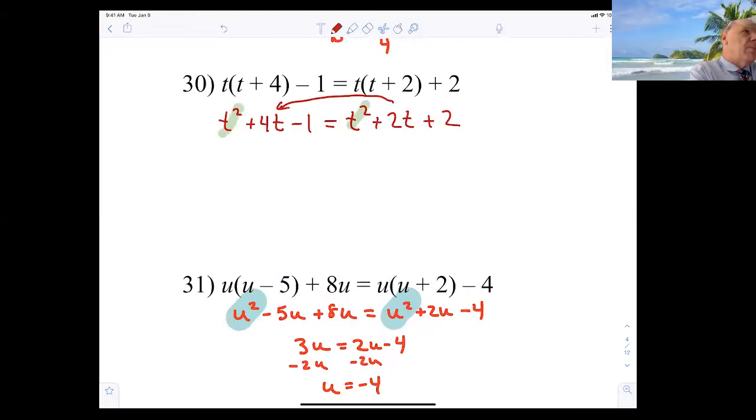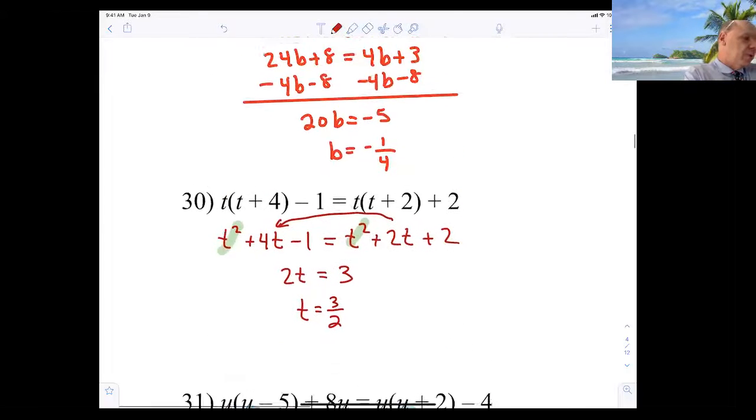So 4t minus 2t is what? 2t. Now I'm going to add 1. 2 plus 1, 3. Divide by 2, 3/2. Everybody okay with that? Any issues?